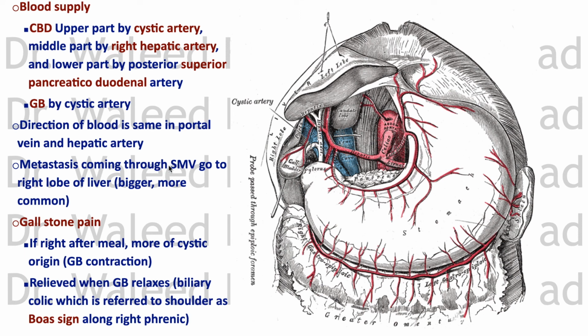So they run in two streams in the portal vein, the one from the splenic and the one from the superior mesenteric. The one from the superior mesenteric finds itself going to the right branch of the portal vein and going to the right lobe of the liver. So metastasis coming through the superior mesenteric vein, most probably you will find it in the right lobe of the liver. We talked about the gallstones and the pain and the Boas sign and Murphy's sign in cholecystitis.